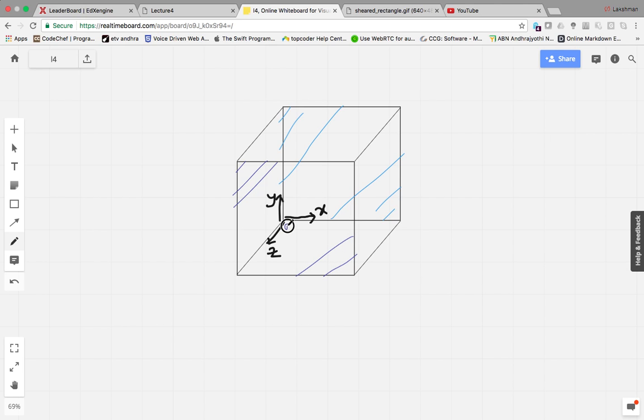The best way is to label the corners A, B, C, D, E, F, G, H. Now the back plane is A, D, H, E, and the front plane is B, C, G, F.